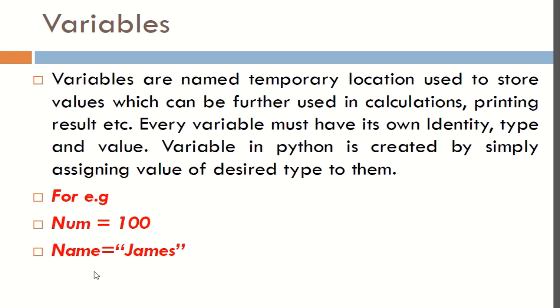So capital and small are both different. The same thing could not be given, like capital NUM and then here also capital NUM. You could not give one variable name to two data entries. Otherwise, you can give a name, num, then a comma, and then insert here, but the other two lines you could not insert.